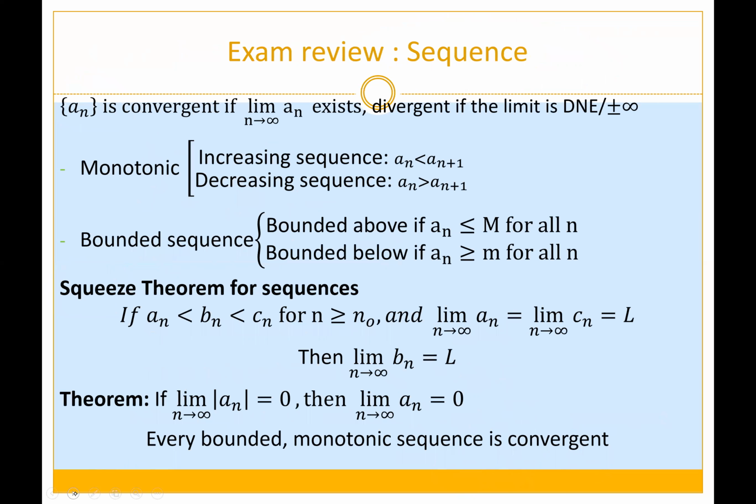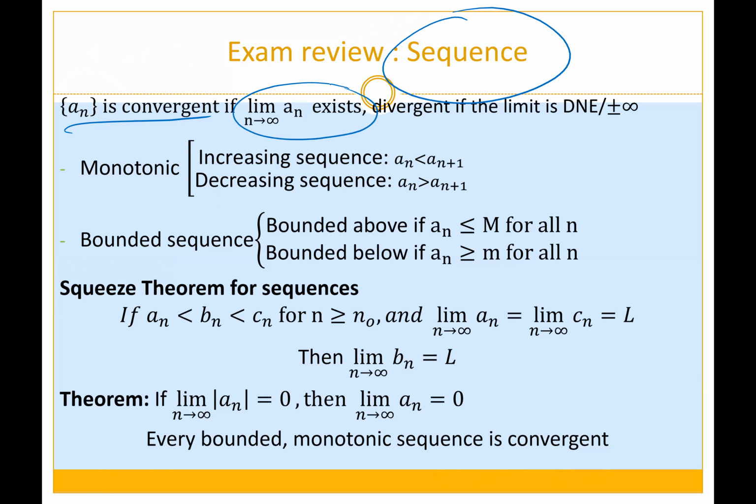Then you have sequences. A sequence is just a list of numbers that may or may not have a relationship with one another. A sequence is convergent if the limit as n approaches infinity of the nth term exists.